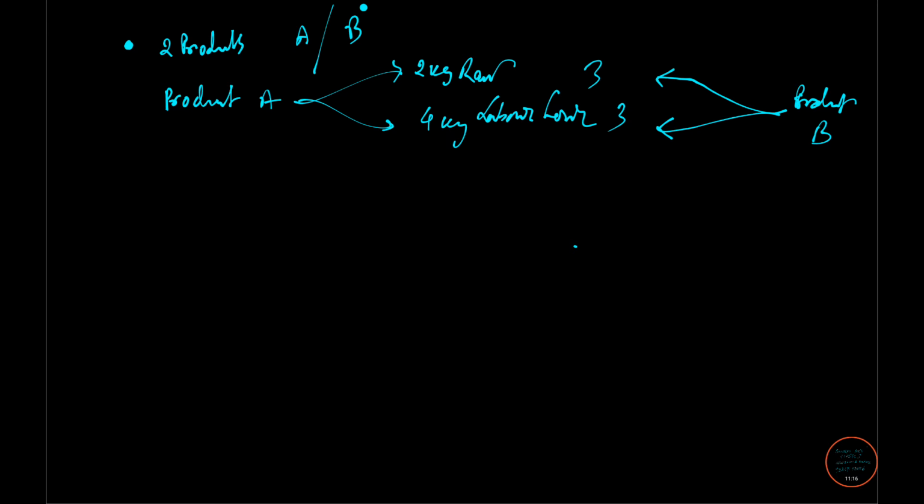Each week the firm has the availability of 60 kg of raw material. So raw material total availability is 60 kg, and labor hours are 96 hours.